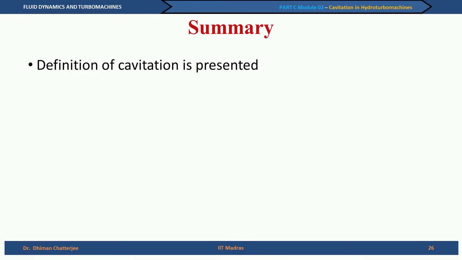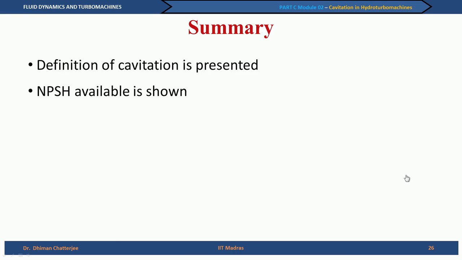To summarize, we have defined cavitation here. Particularly, we have distinguished cavitation from boiling. Though both are essentially formation of bubbles in a liquid, the path of one is through heat addition, through an increase of temperature, and the path of the other is through pressure reduction. At times there could be a temperature increase, but that is not the essential criterion for cavitation to occur. Pressure reduction is the essential criterion.